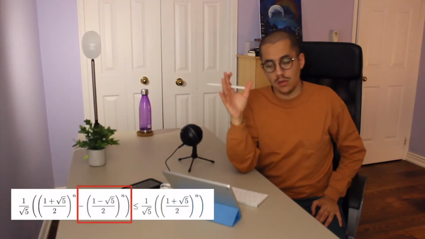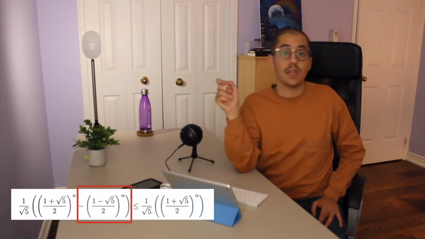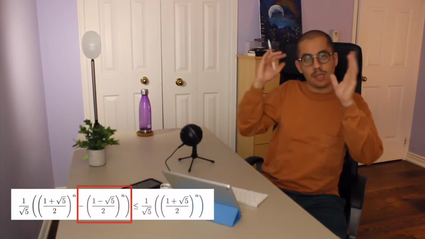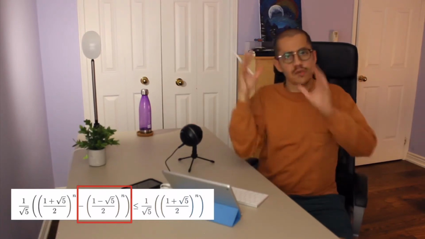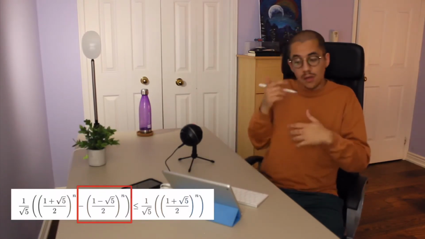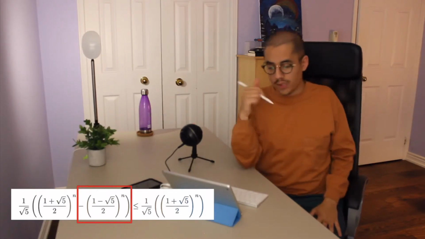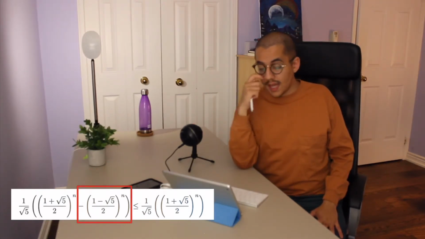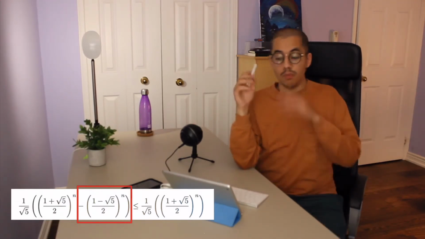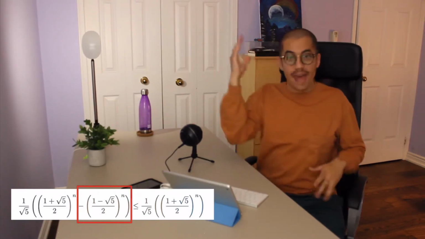That part gets multiplied by the 1 over square root of 5 on the outside, because that 1 over square root of 5 gets multiplied to both elements in the bracket. Let's just focus on the one that we said we're going to get rid of because it's a subtraction, so no more subtraction, right? So we're going to see that it's 1 over square root of 5 times negative 1 minus square root of 5 over 2 to the power of n, right?